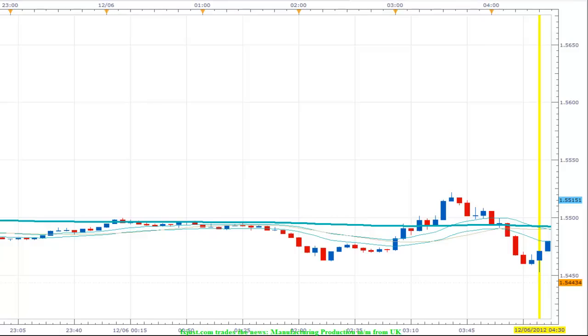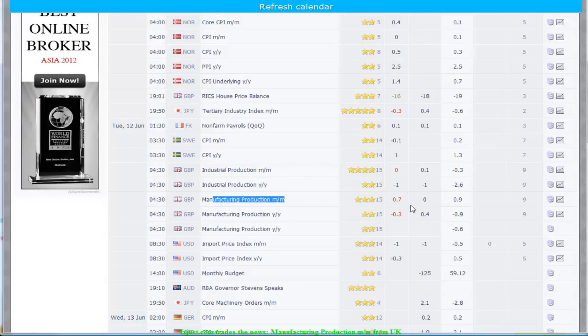So you need to understand that the market expectations, which are zero, are actually a consensus of economists who take the survey.